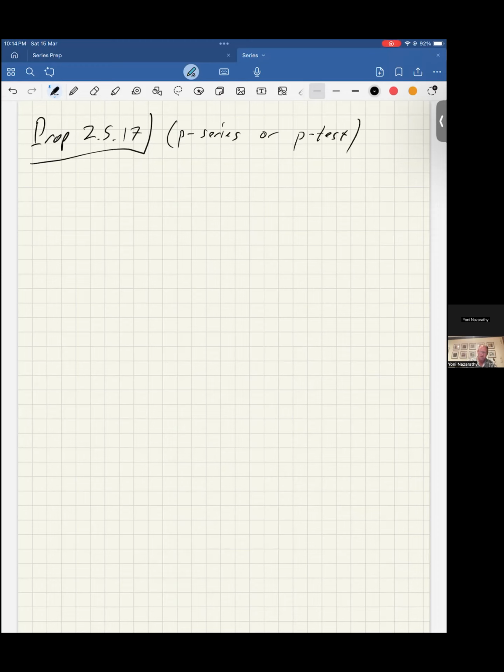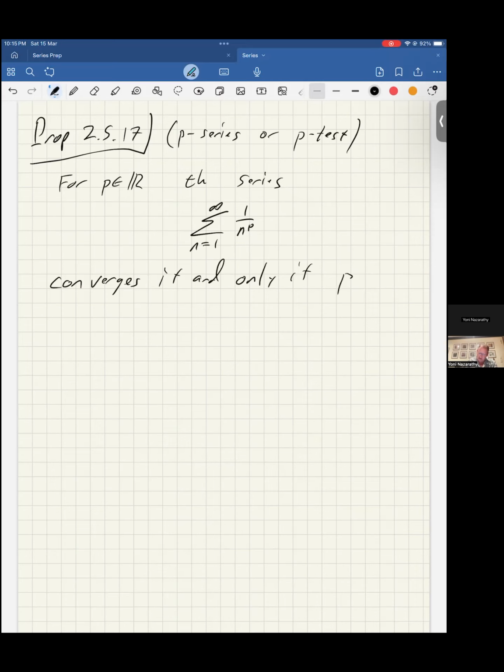So for any number p, which is now a parameter, the series sum from n=1 to infinity of 1 over n to the power p converges if and only if p is greater than 1.